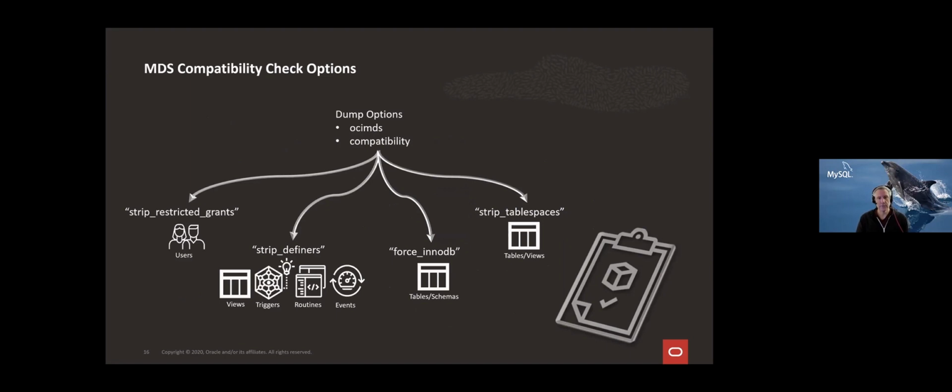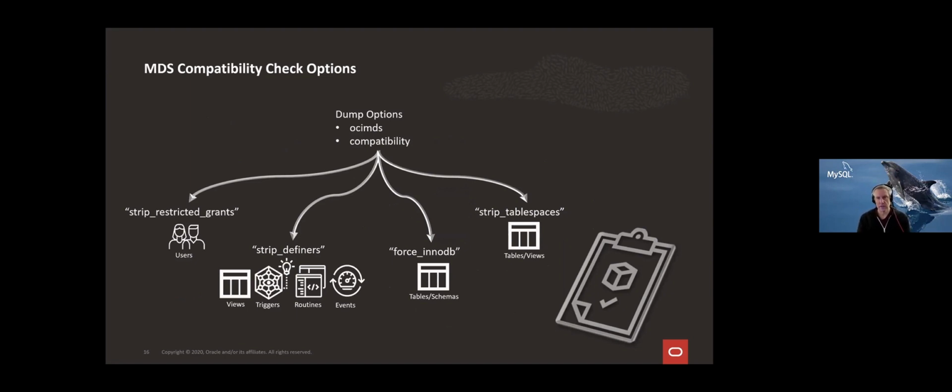Okay, so first off, let's look at the compatibility check options that we have. There's an option called ocimds, and what that does is tell dumpInstance that the purpose is to load into MDS.